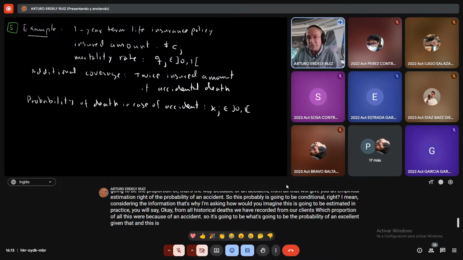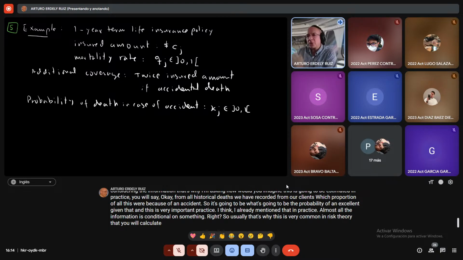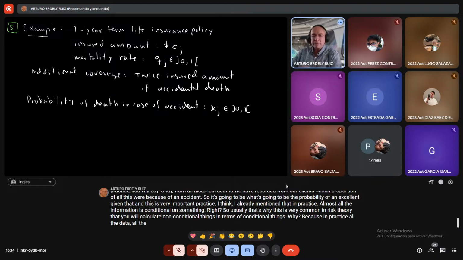And this is very important in practice. I think I already mentioned that in practice, almost all information is conditional on something, right? So usually, that's why this is very common in risk theory, that you will calculate non-conditional things in terms of conditional things. Why? Because in practice, all the data, all the information comes in a conditional way.